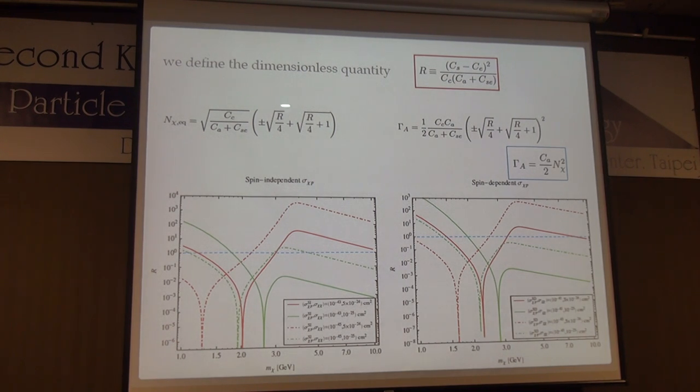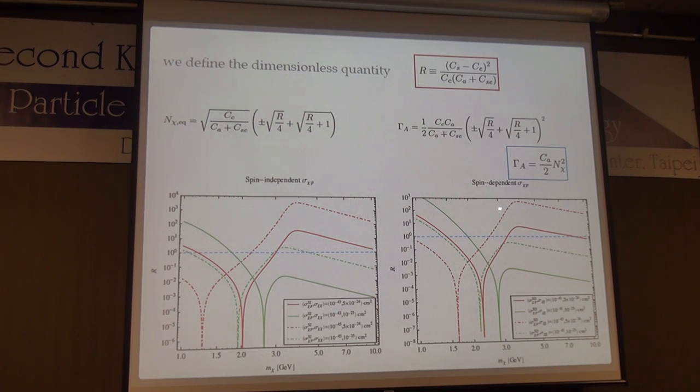Then we define the dimensionless quantity, defined from the different effects I just explained. The dimensionless quantity R just tells you the competition between evaporation and the self-interactions. Basically, that's the idea. And this dip is due to the cancellation, where the capture due to self-interaction and the evaporation are equal.